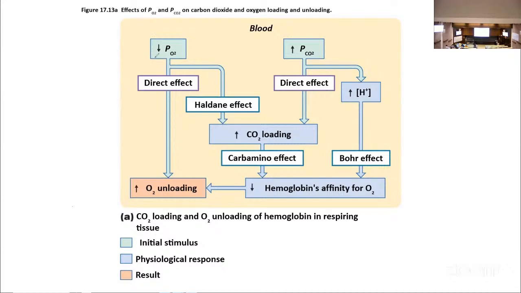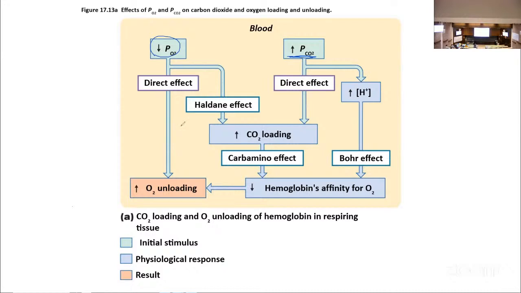In low oxygen conditions, usually because you're using muscles producing lots of ATP, low oxygen is usually going to correspond to high carbon dioxide. Usually we have this trade-off because our muscle is using oxygen, making carbon dioxide.